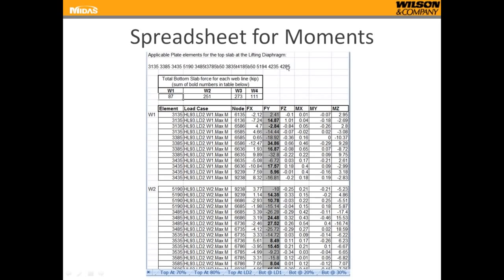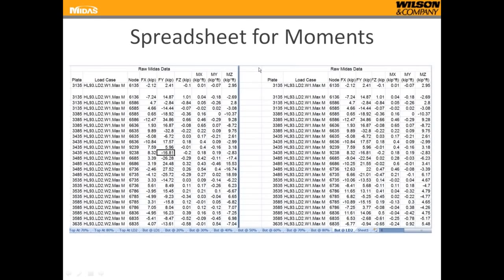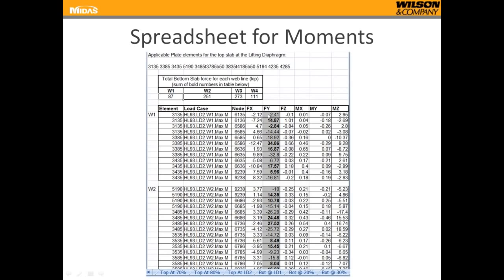You'll notice up here that there's a string of numbers that was used to simplify the process of getting results out from MIDAS. I could copy this, paste it into MIDAS where it asked for which elements you're looking for in terms of the plate forces, and then you would get these tables here, which would then update all of this, and you would get the flange forces, bottom flange forces, for each of the webs.